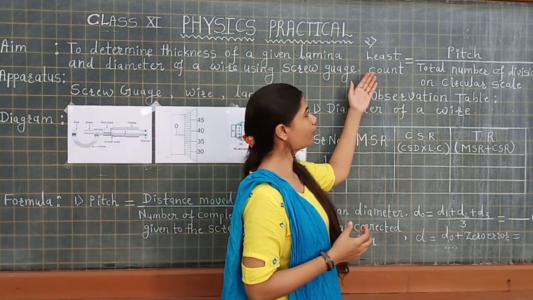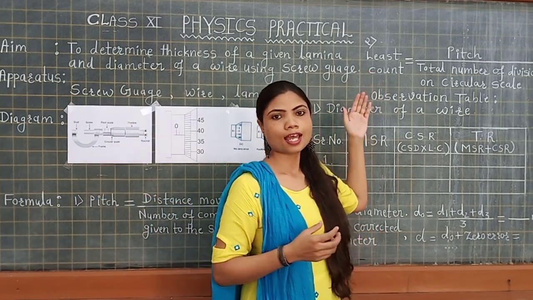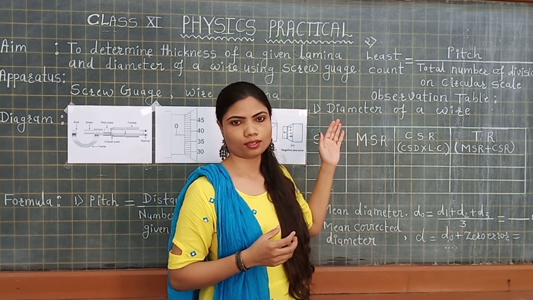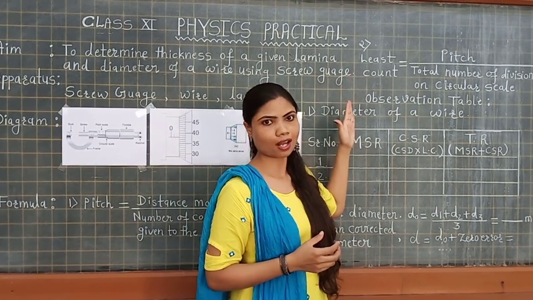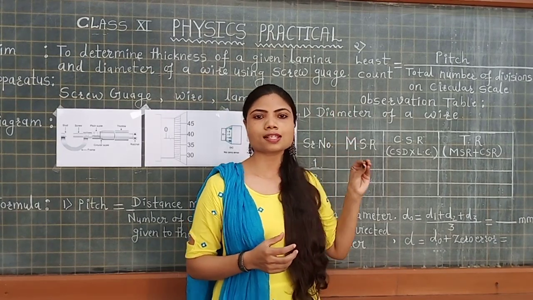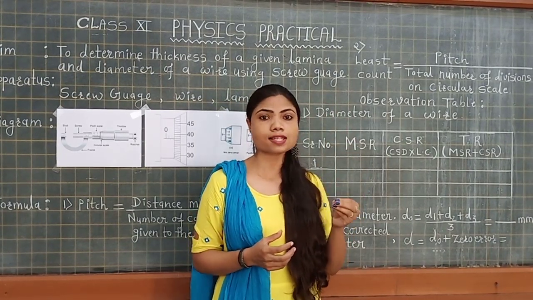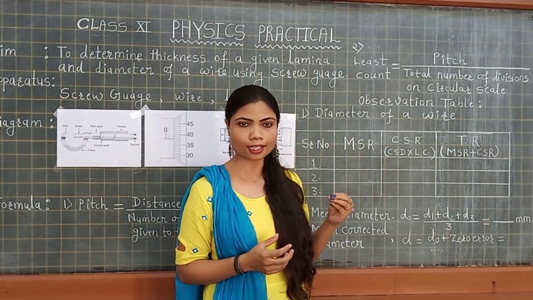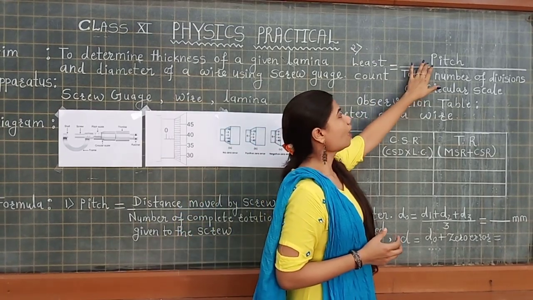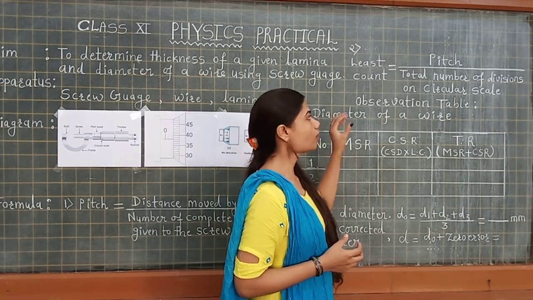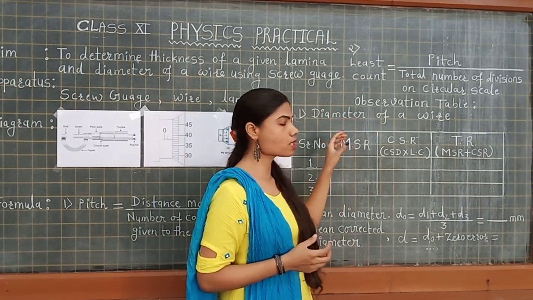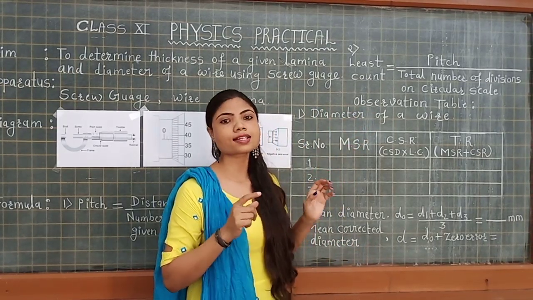The second definition we are going to learn here is least count. Yes, in 11th class you have understood what least count is. Least count is the measure of the precision of any instrument, right? And it is the ratio of the pitch of the screw gauge to the total number of divisions on the circular scale.